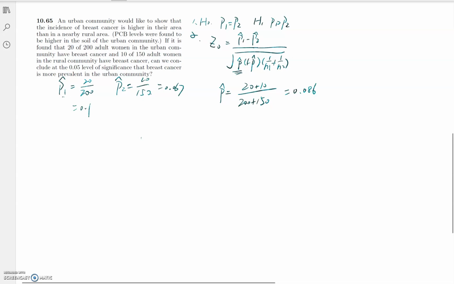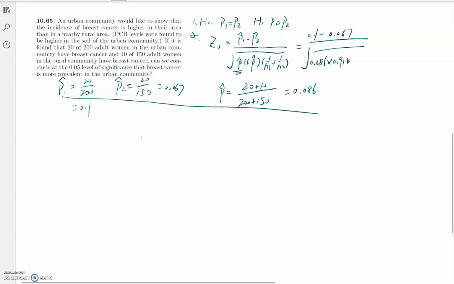So we got those values, and we can directly get Z0. Z0 should be 0.1 minus 0.067, divided by the square root of 0.086 times 0.914 times 1 over 200 plus 1 over 150.